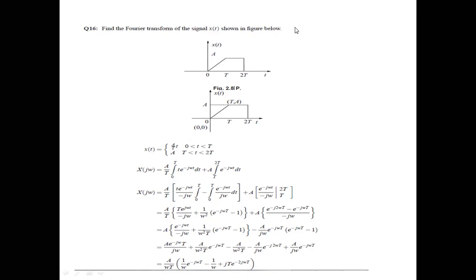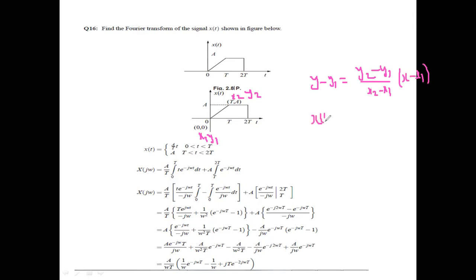Now we'll explain here. Let this point be (x1, y1) and this be (x2, y2). So y minus y1 is equal to (y2 minus y1) by (x2 minus x1) into (x minus x1).